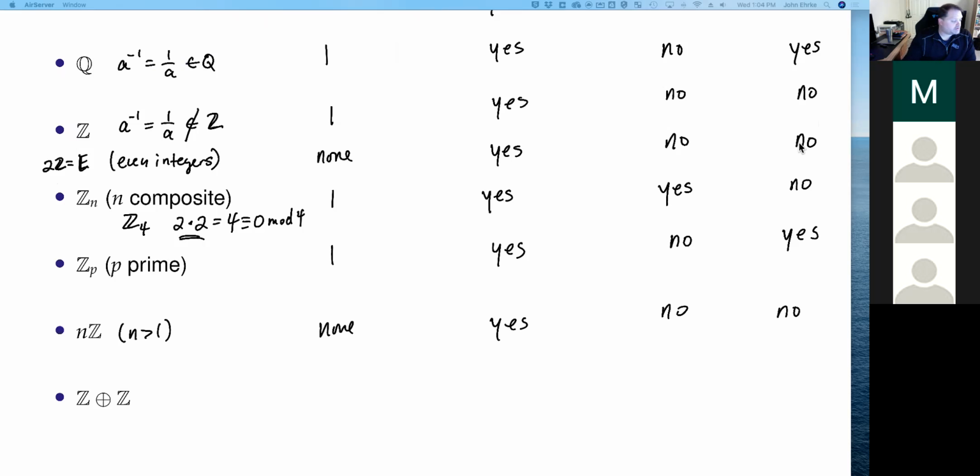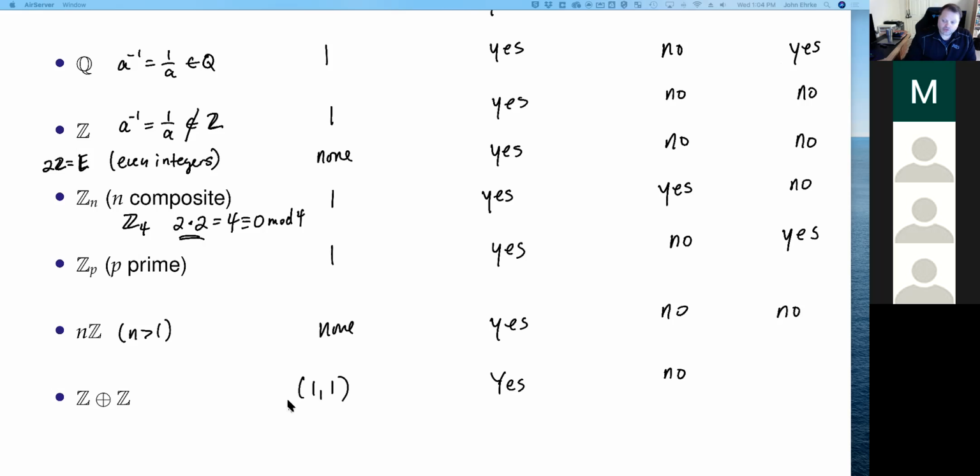Finally, we can look at direct products of rings, and those will turn out to be rings. We're going to say more about that in a later lecture. But if you look at something like Z plus Z, well, the multiplicative identity would be (1, 1). The operations there are commutative.